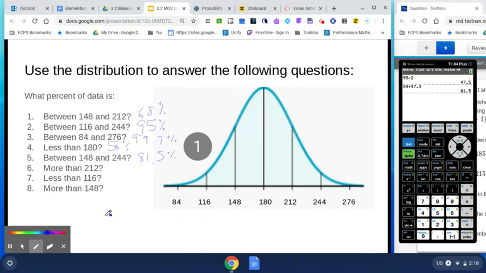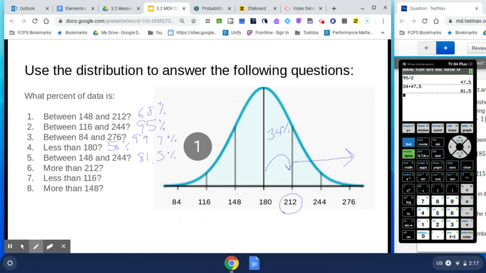This next question says more than 212. So 212 is just one standard deviation above the mean, but only to the right. So one standard deviation out in both directions is 68%, but I'm going to divide that in half so I know that this portion is 34%. That's not the portion that I want. I want the remaining percent on that right side.